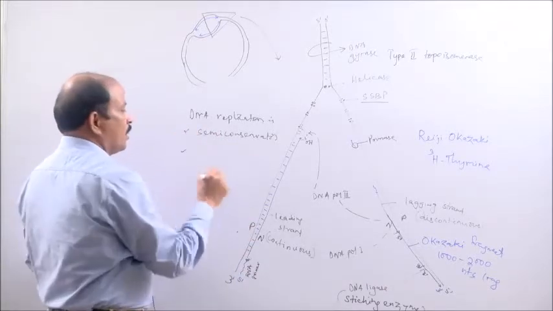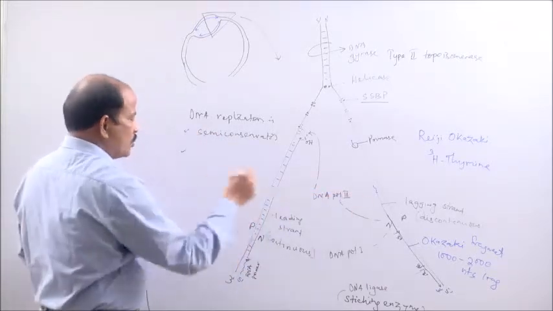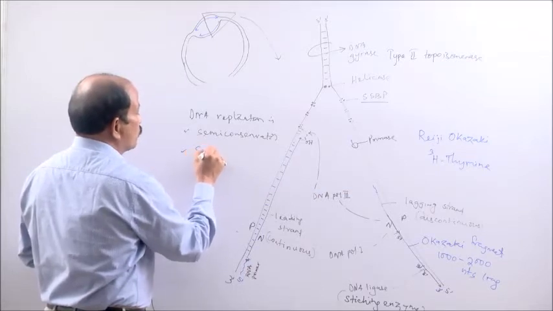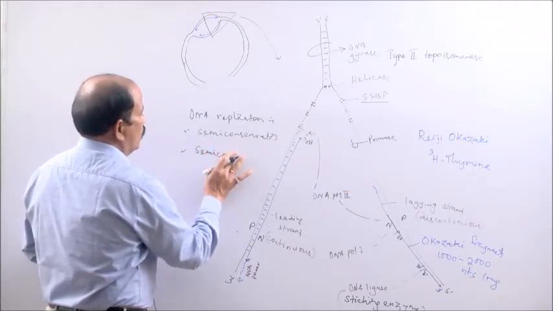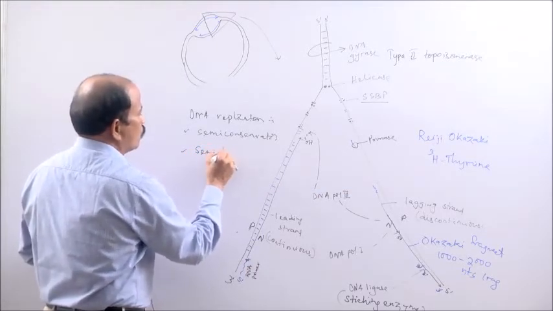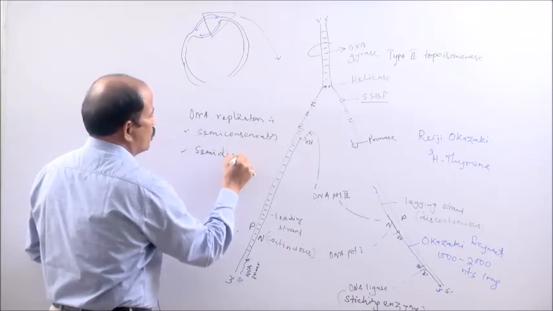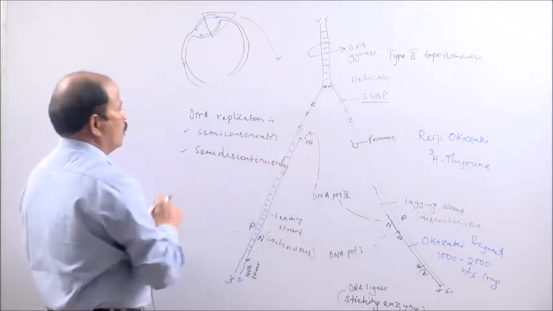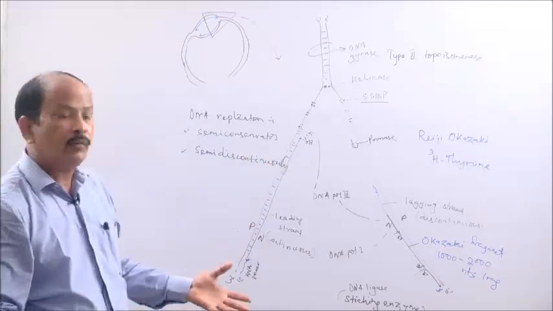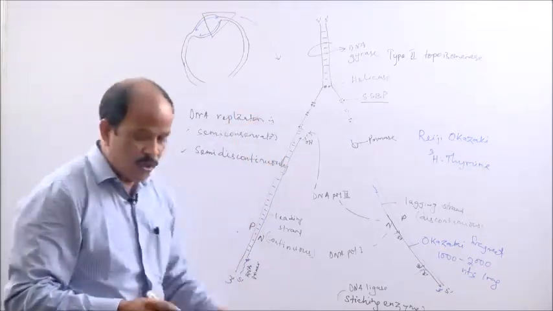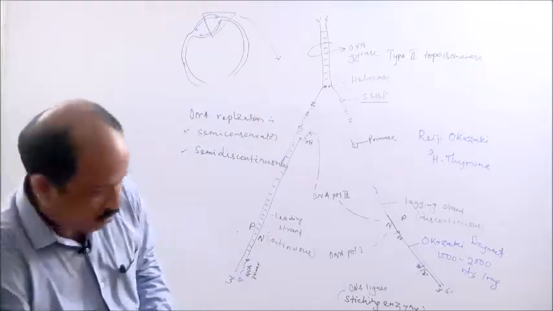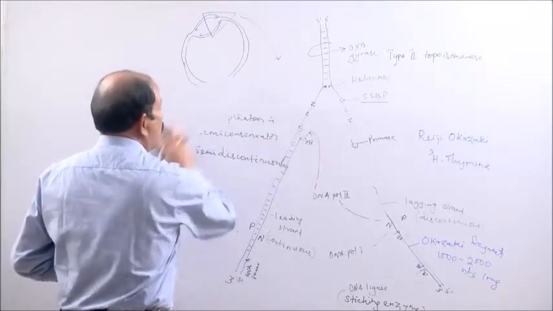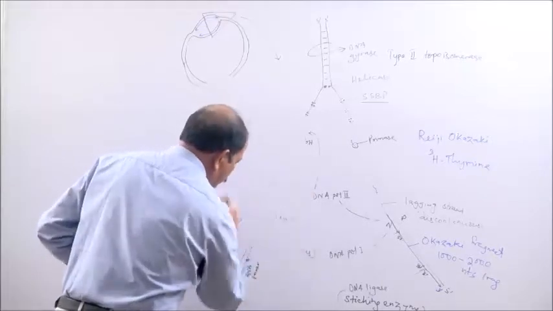And as we discussed, this is also semi-discontinuous, because one strand is synthesized continuously and the other one is synthesized discontinuously. So, often it is said DNA replication is semi-conservative and semi-discontinuous. This is very much clear from this explanation.